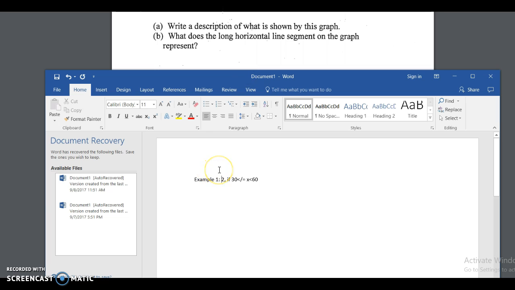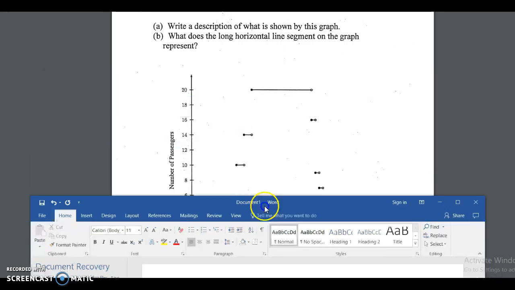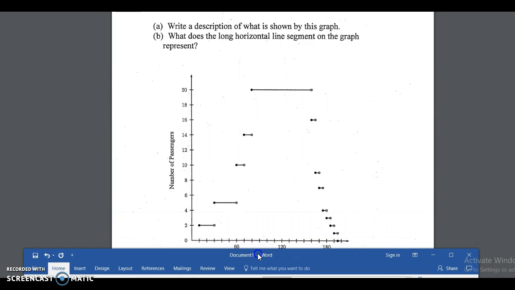Let's say it's f of x, which is f of 2, if 30 is less than or equal to x, x is less than 60, which is what's shown here.